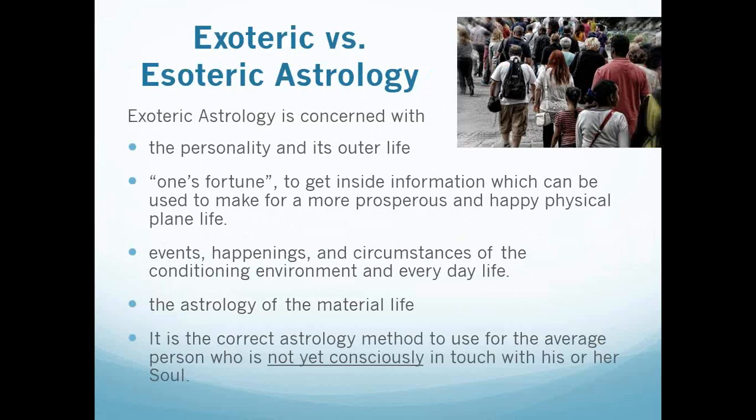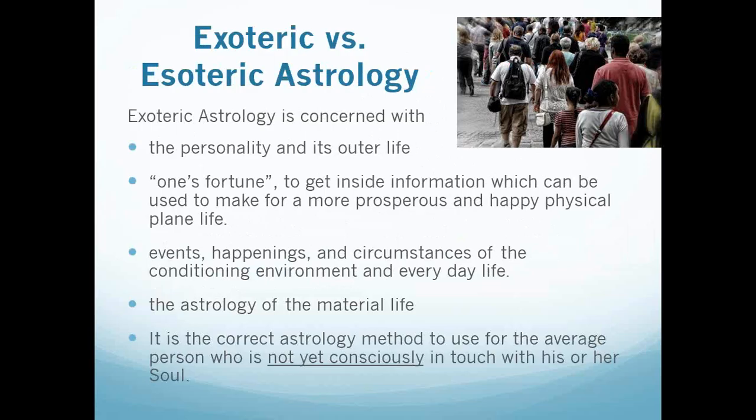Events, happenings, and circumstances of the conditioning environment in everyday life. And since we still live within these three worlds of men, within our physical plane of life, all of these things are important. Yes. It's the astrology of the material life. It's the astrology of our everyday encounters, functioning, meetings, circumstances.